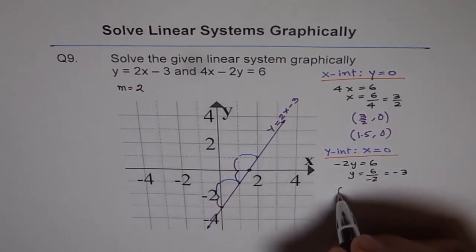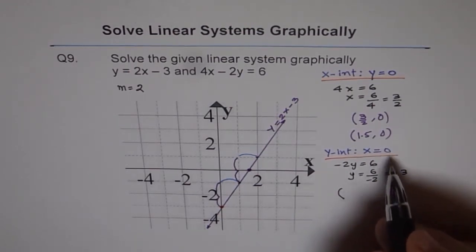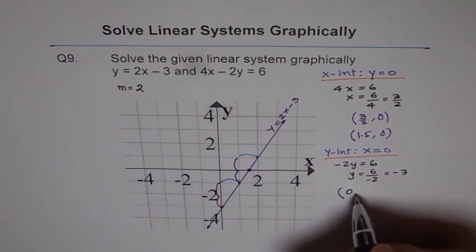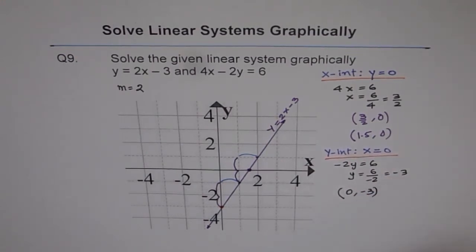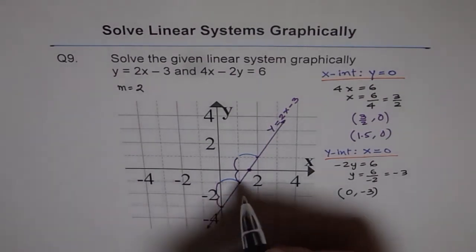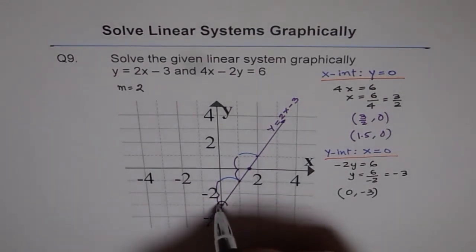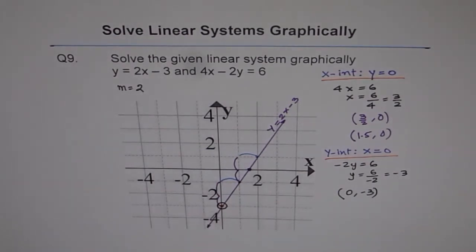So the coordinates of the point are 0 and minus 3. Where is that point? Well, that point happens to be here.